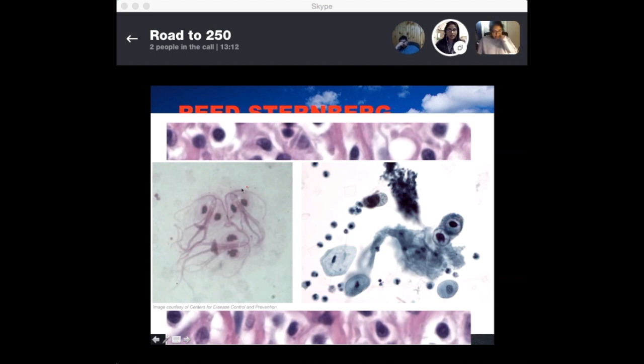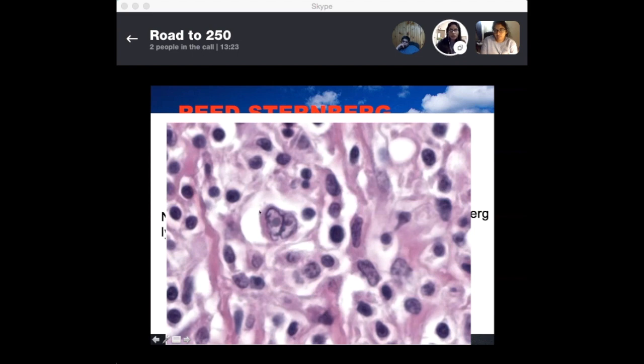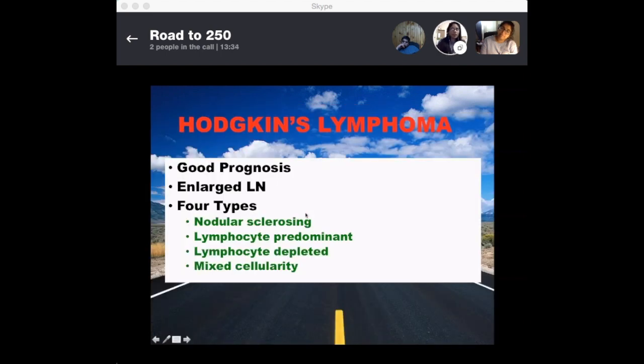So the one on the left is Giardia, and on my right is CMV. And real quickly here, the bilobed nucleus is what is the Reed-Sternberg cell.